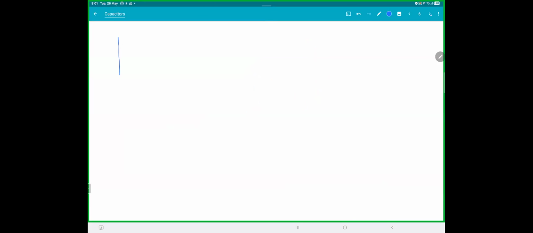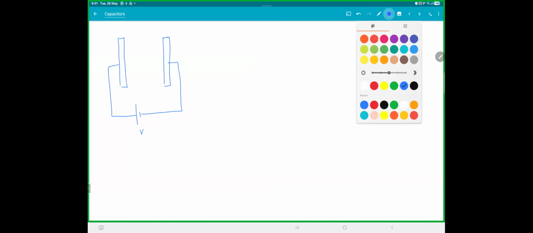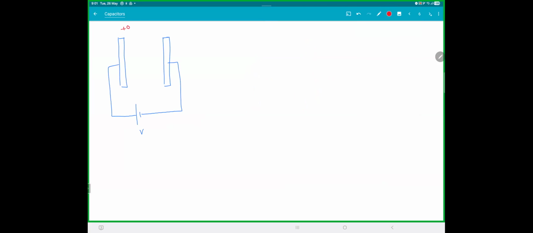Because initially the plates are neutral. This is plus Q, this is minus Q. So there will be a field between the plates.